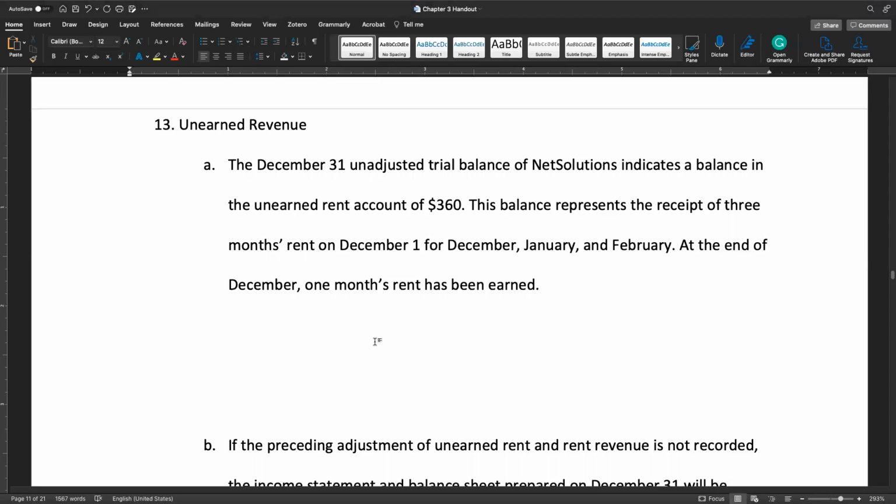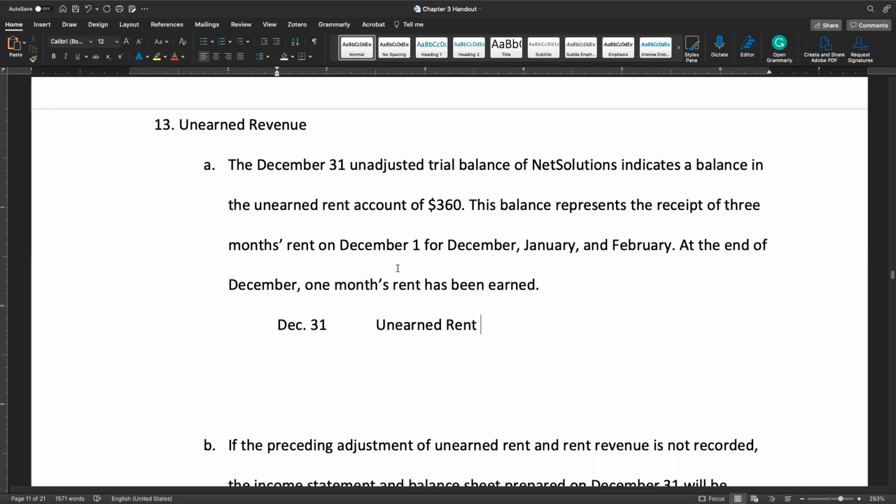So, December 31st, we're going to debit unearned rent. If this was just for sales, it would be unearned fees, or you could just put unearned revenue, and that would be fine.